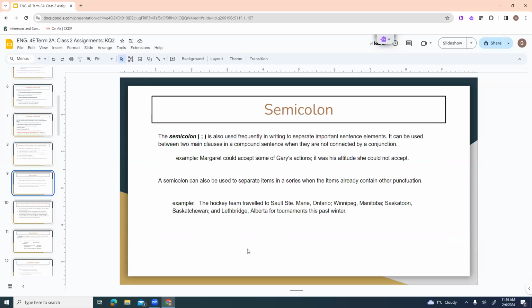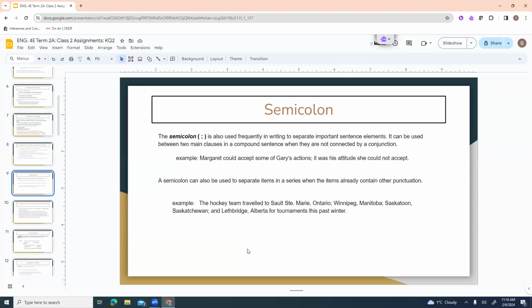Okay, semicolon. These are one of those things I didn't use a lot when I was younger, but I find myself using them more now. They're usually used to separate important sentence elements. It could be between two main clauses in a compound sentence if you don't want to use a conjunction. Usually this happens if the sentences are connected in their idea.